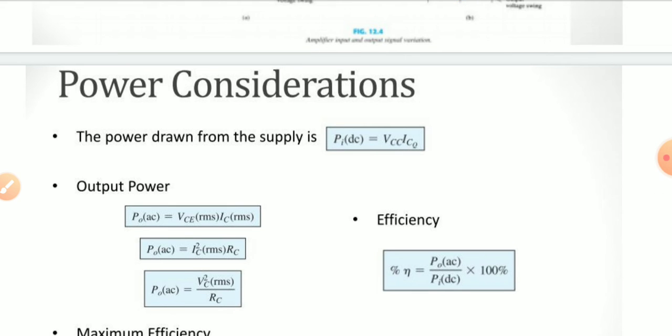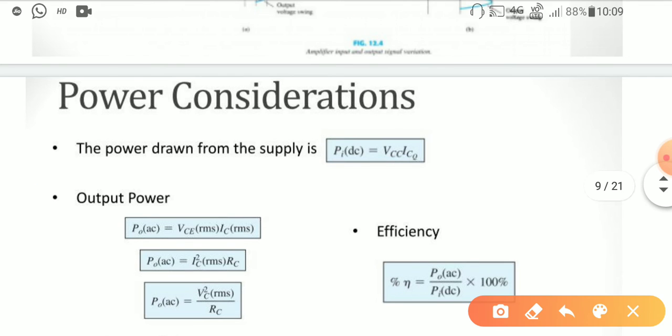The power drawn from the supply, defined as PDC, is VCC times ICQ. The output power is defined as PO AC, because the AC signal is coming as output, so you should consider the RMS value: VC RMS multiplied with IC RMS. Why?